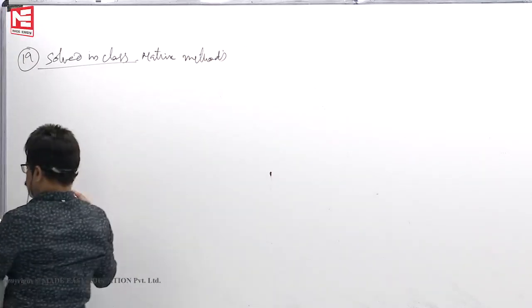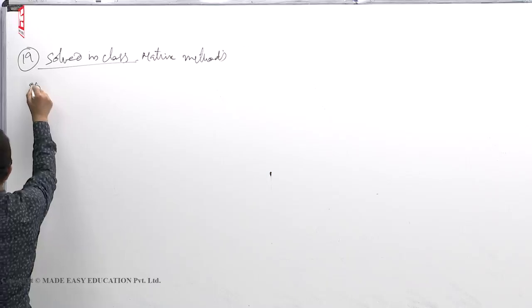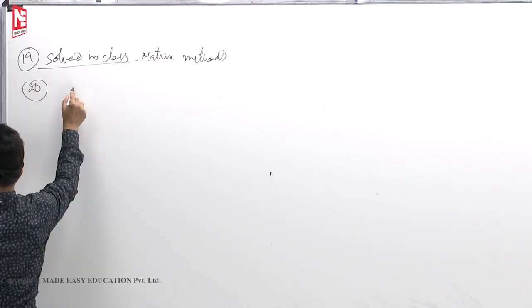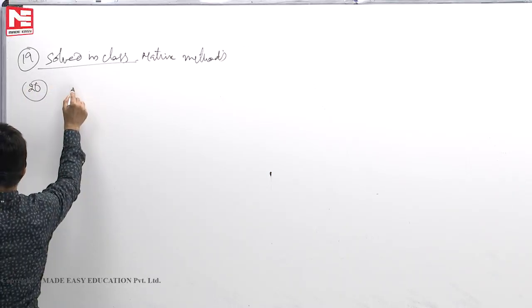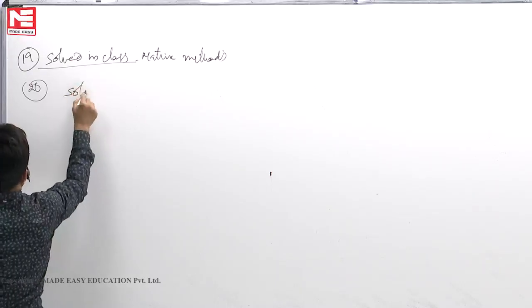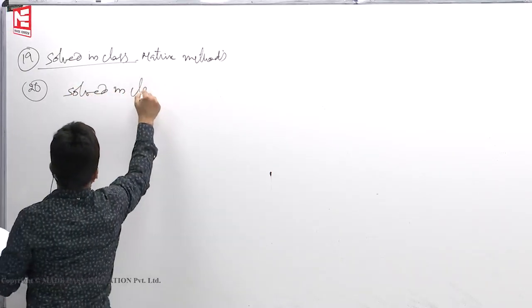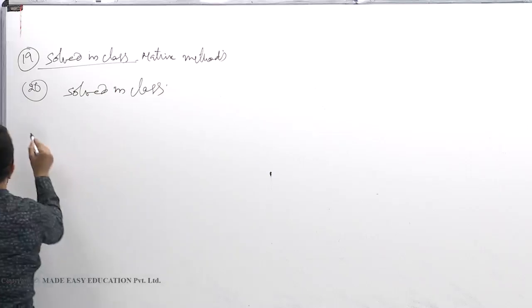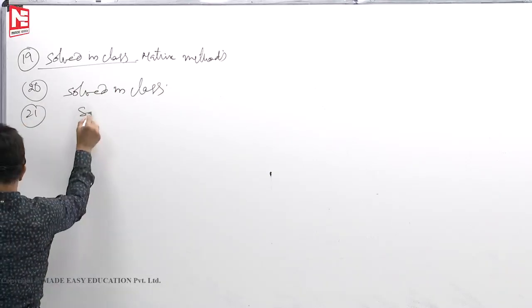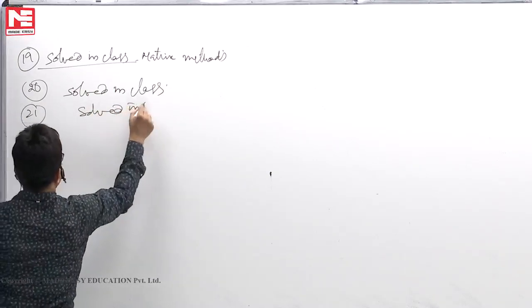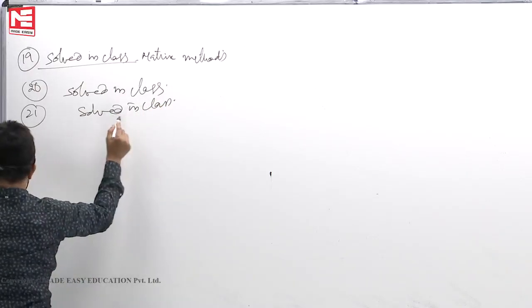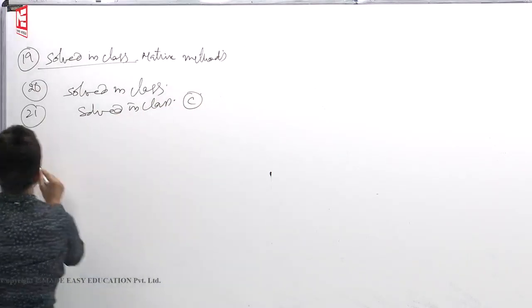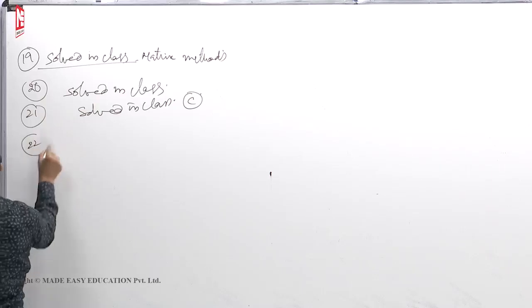Okay. Next, 20th, again solved in class. K11 is AE by L root 2. K11 we have solved. 21 solved in class. 173 means C is the option we have taken. These things you can check out.